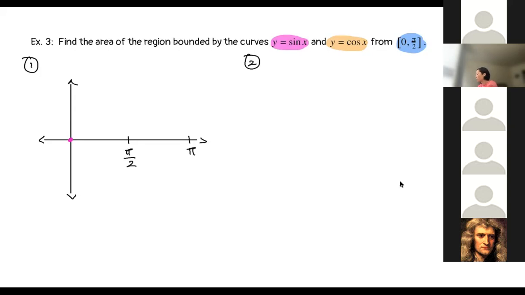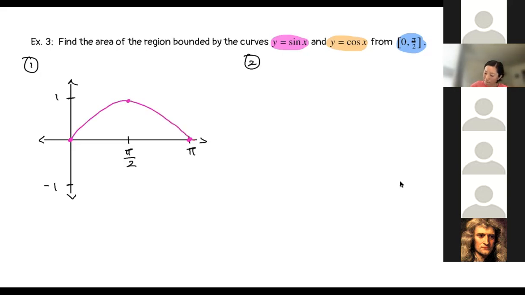Sine of pi over 2 is 1. Good. And sine of pi, where does that get us? 0. So I'm going to mark off a 1 here and a -1 down here, because we don't expect there to be values greater than 1 or less than -1. And so we've got our 1 and our 0, and this is just that first bump on the sine graph.